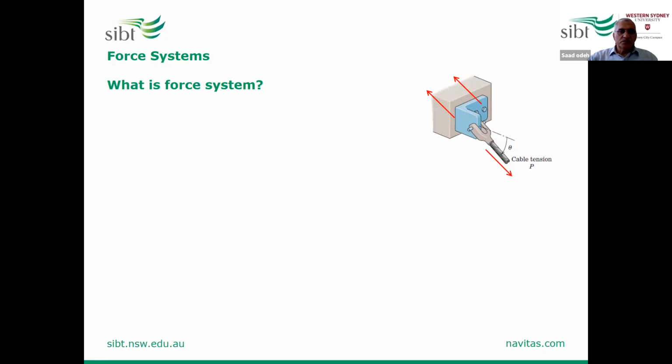Force systems, what do we mean by force system? For example, in this figure you can see the bracket attached to the wall. The bracket is attached to the wall by 2 bolts or more, but in this case we have, for example, 2 bolts, one here and the other on the other side. And there's a cable trying to pull this bracket downward.